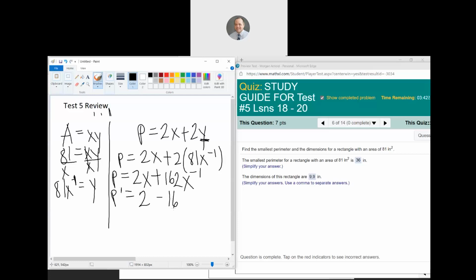And using the traditional power rule, we get negative 162 x to the negative 2 power. And all I did there was move the original exponent to the front and multiply it by 162, and then subtract 1 from the original exponent.